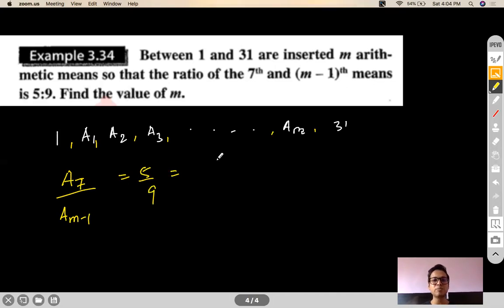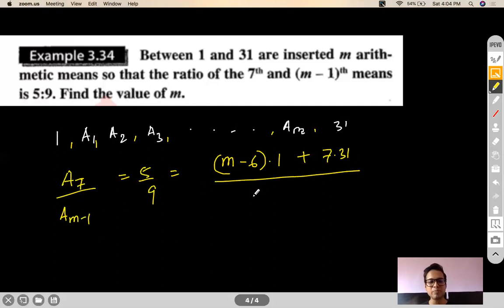It will be (m minus 7 plus 1), which is (m minus 6) times 1 plus 7 times 31, divided by m plus 1. The (m minus 1)th would be, by the way, m plus 1 I'm cancelling off. I'm not writing it out, but if you want, I can do it. Divided by m plus 1.